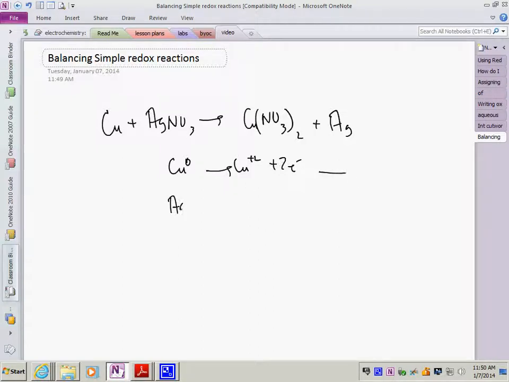Silver plus goes to silver, no charge, plus, can't have electrons there, it's got to be on the other side, so we'll put it over here, plus 1 electron. Okay, so the balancing process we already actually did. Get a voltage on that guy. I'm just going to pop this down, grab my 2 voltages.